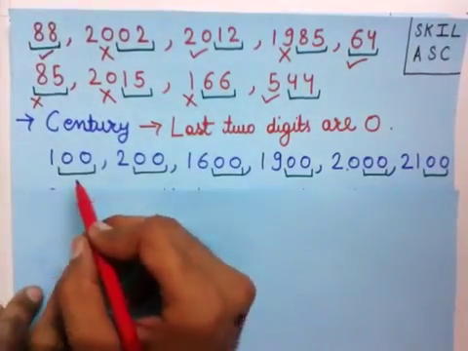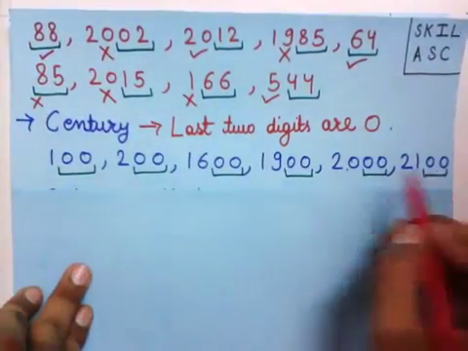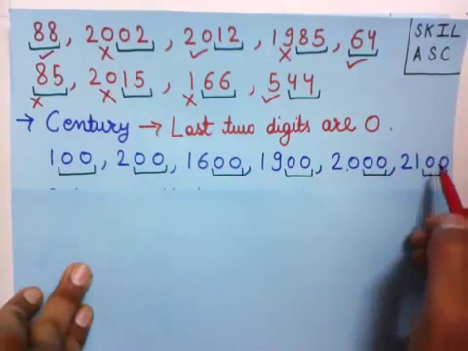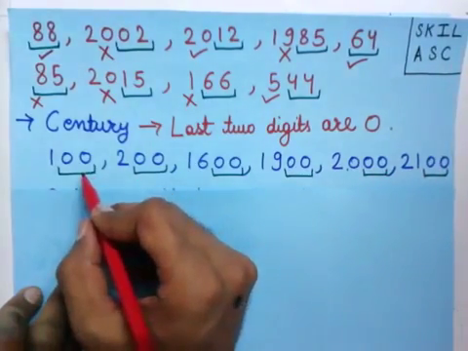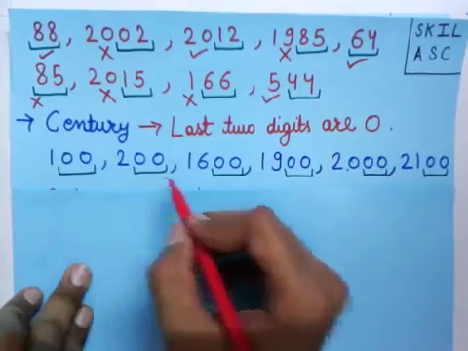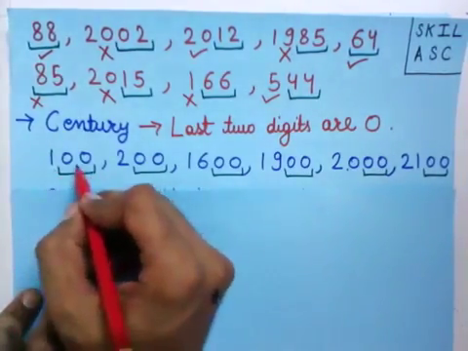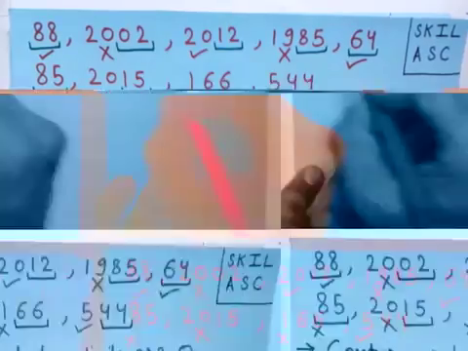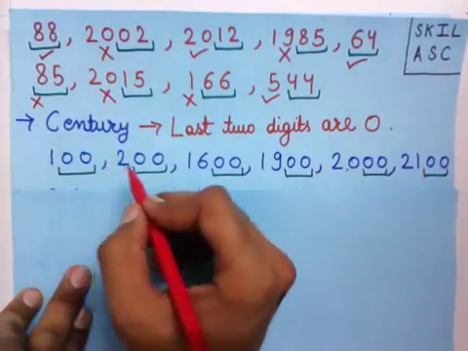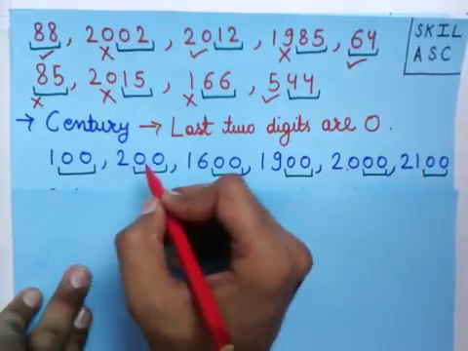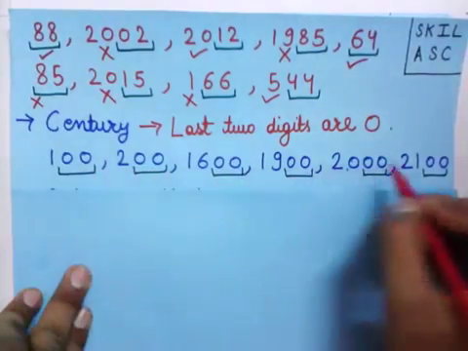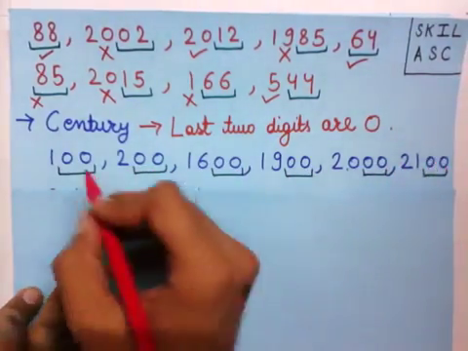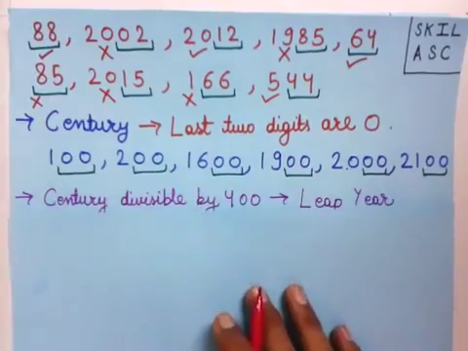Each of these years here has its last 2 digits as 0. You see, last 2 digits are 0, last 2 digits are 0, and last 2 digits are 0. All of these years have their last 2 digits as 0. So all of these are centuries.